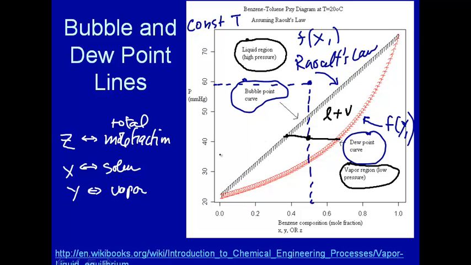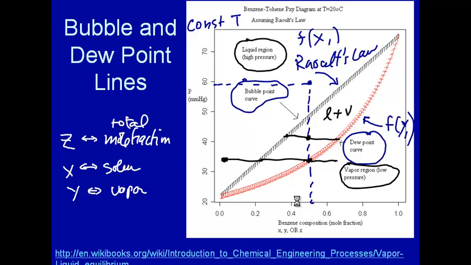You can also say start at this particular point in the phase diagram where you have no benzene, all toluene. It has that vapor pressure. If you go across this way, when you cross the bubble point line, you go from all liquid to liquid plus vapor. And now you go from liquid plus vapor to all vapor as you increase the mole fraction of benzene.